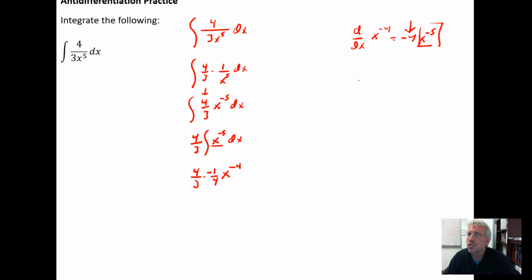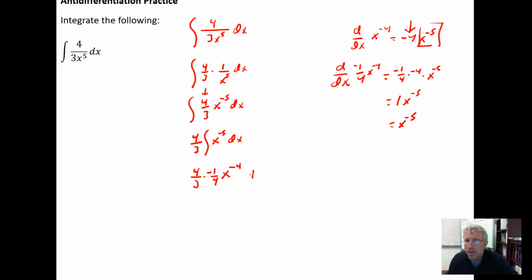So if we differentiate d dx of negative 1/4 x to the negative 4, the exponent comes down and we decrease the exponent by 1. Negative 4 minus 1 is negative 5, and negative 1/4 times negative 4 equals 1, times x to the negative fifth, or just x to the negative fifth. So there's the check on work. We've got that little tweak factor in there.